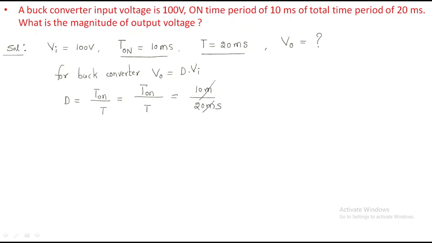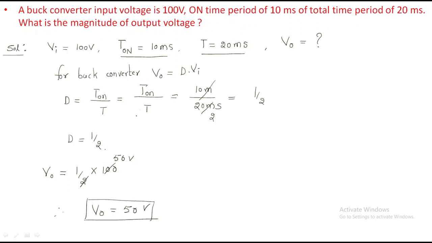By doing this we get D equal to 1 by 2. Then the output voltage equals D into input voltage, 1 by 2 times 100, which is 50 volts. Therefore the output voltage is 50 volts.